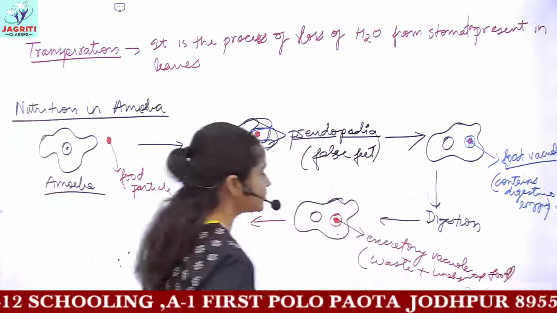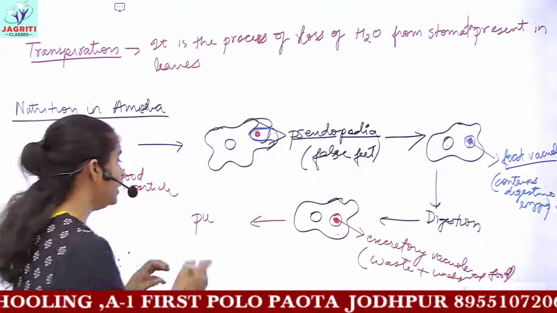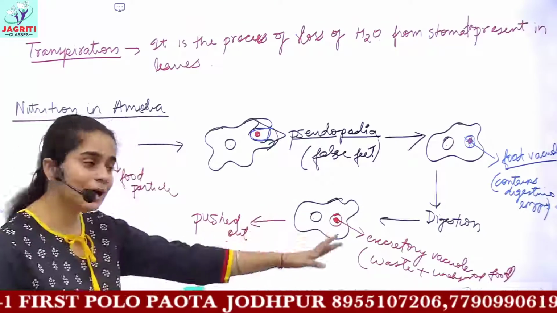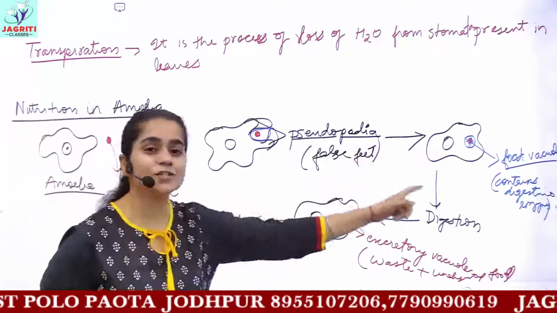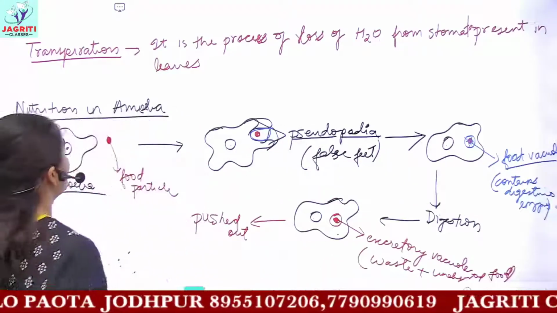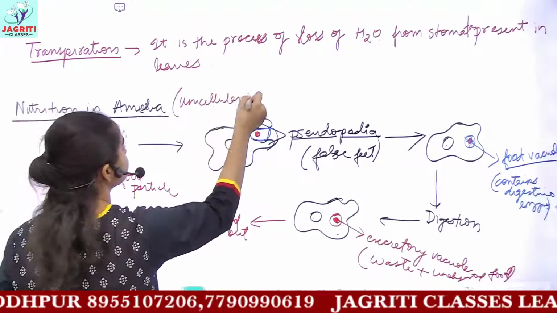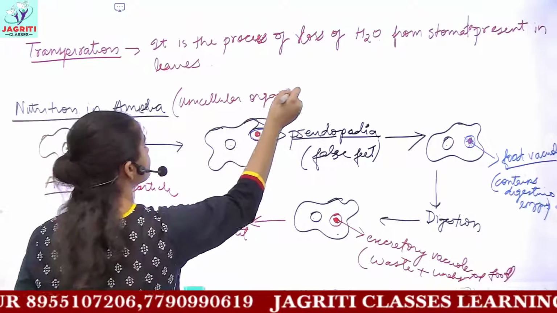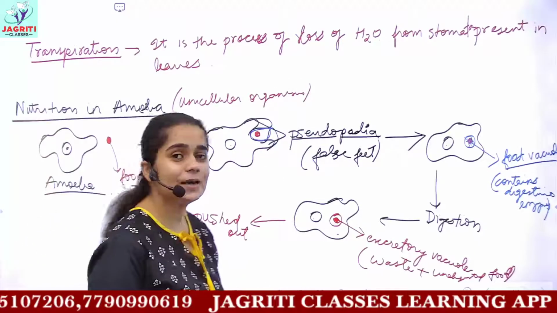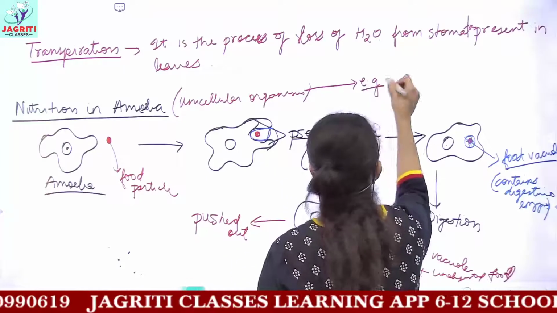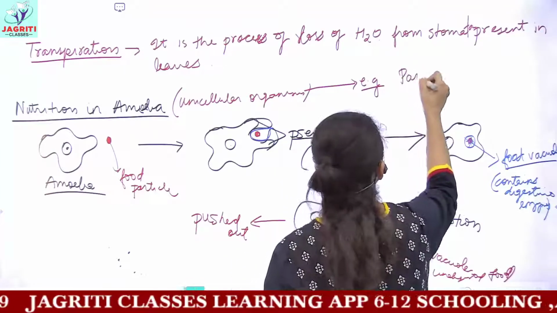So these waste particles and the undigested food are pushed out from the body of amoeba, and hence this is the process of nutrition in amoeba. And amoeba, you all know, is a unicellular organism. Now one more example given in your books of another unicellular organism is paramecium.